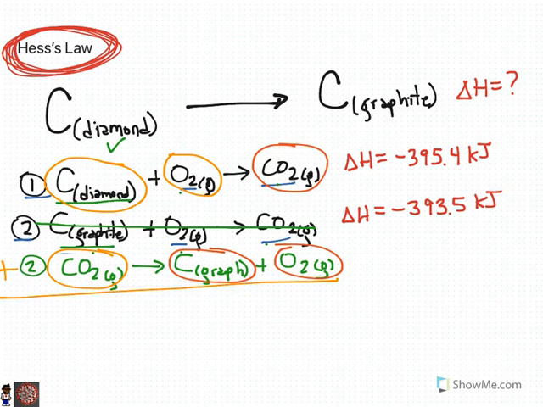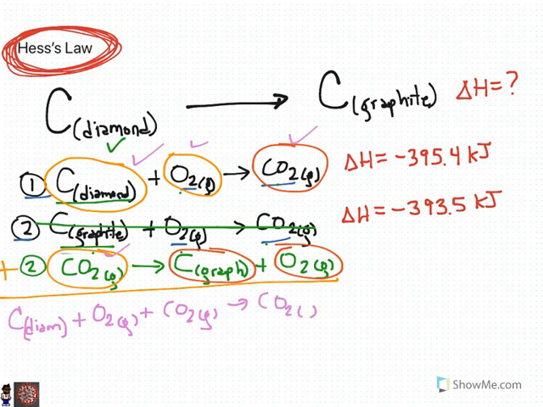So if we went ahead and add them all up, we would get carbon diamond plus O2 plus CO2 yields, so we took care of those, and we'll do our product, CO2 plus carbon graphite plus O2.